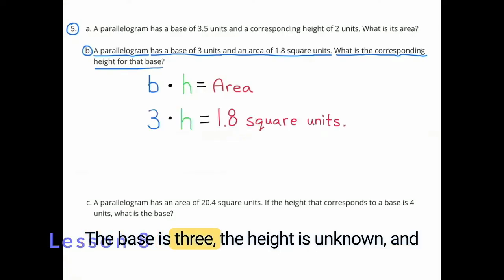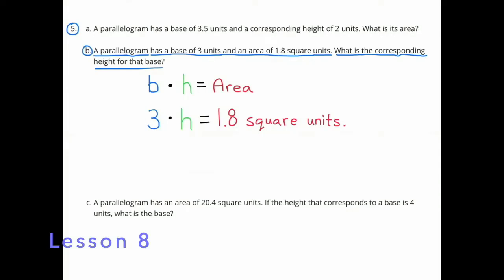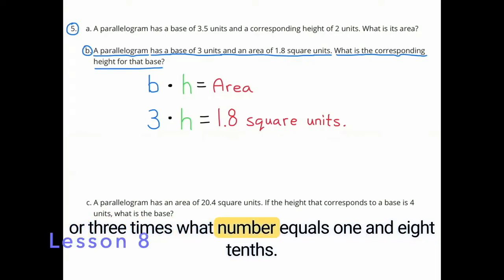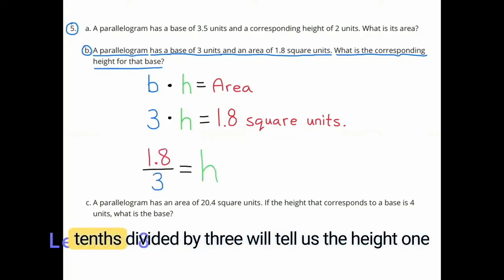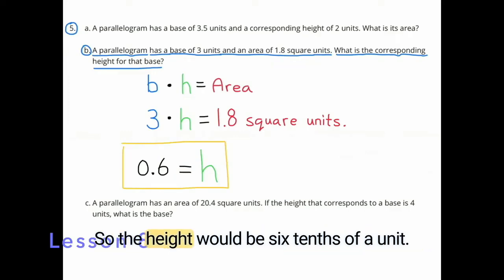The base is 3, the height is unknown, and the area is 1 8/10 square units. So we need to find out what number times 3, or 3 times what number, equals 1 8/10. And we can do that by dividing. 1 8/10 divided by 3 will tell us the height. 1 8/10 divided by 3 is 6/10. So the height would be 6/10 of a unit.